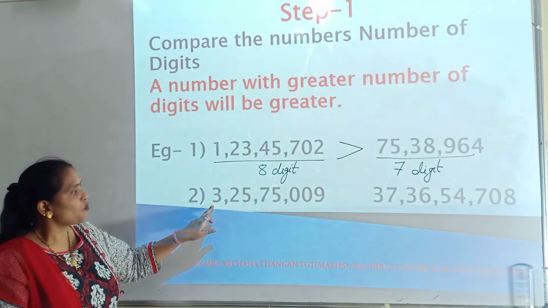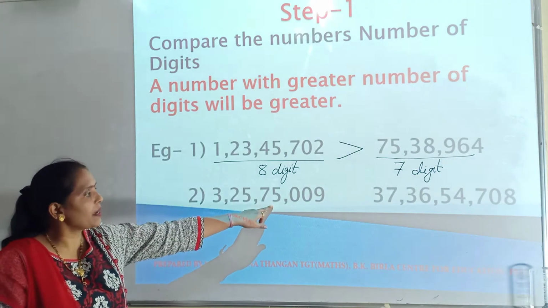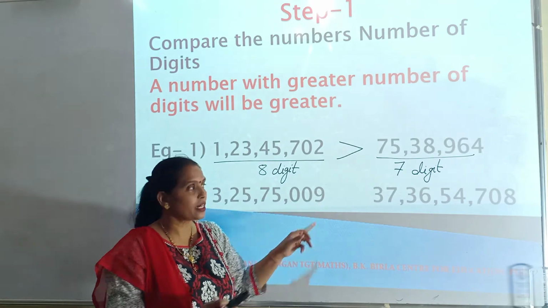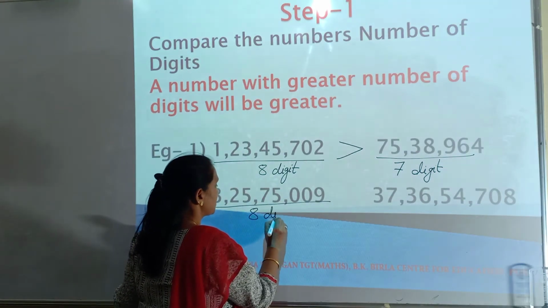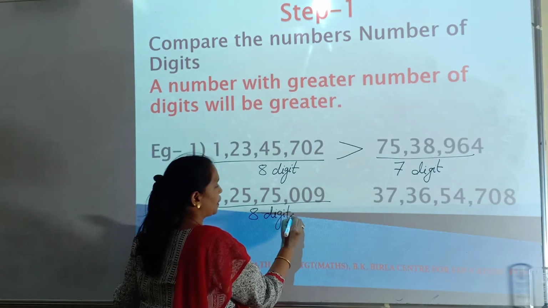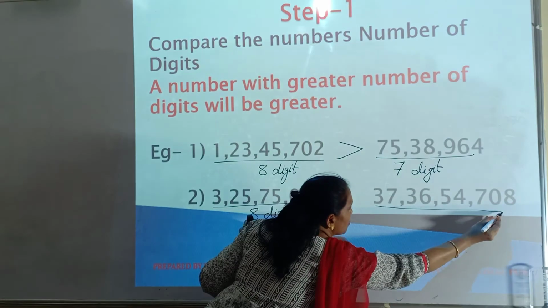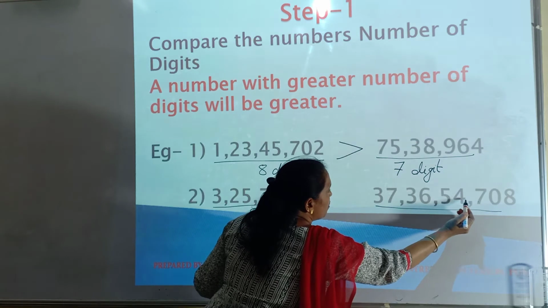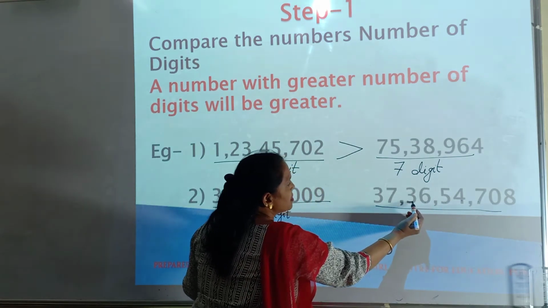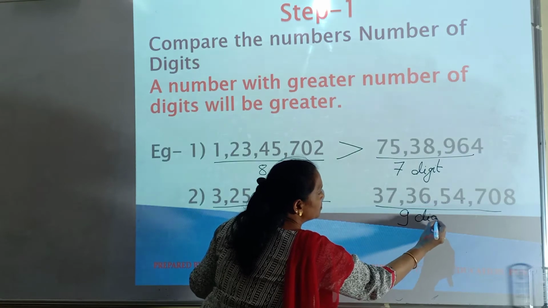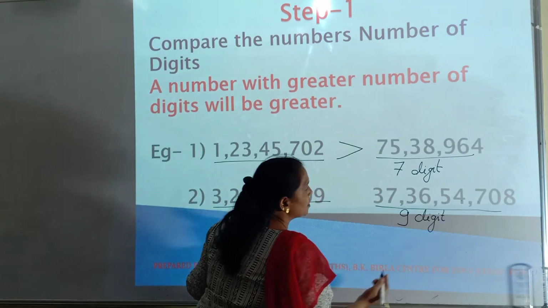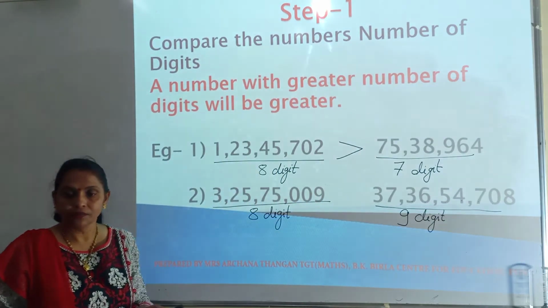Here is 1, 2, 3, 4, 5, 6, 7, 8. This is an 8-digit number. And this is 1, 2, 3, 4, 5, 6, 7, 8, 9. This is a 9-digit number. So, which number is greater?